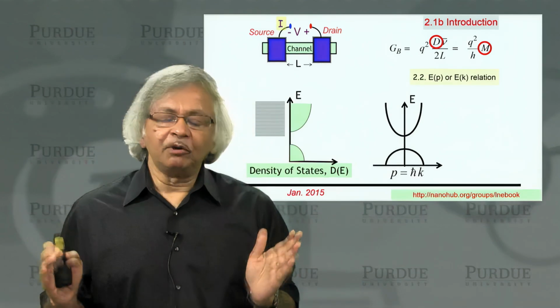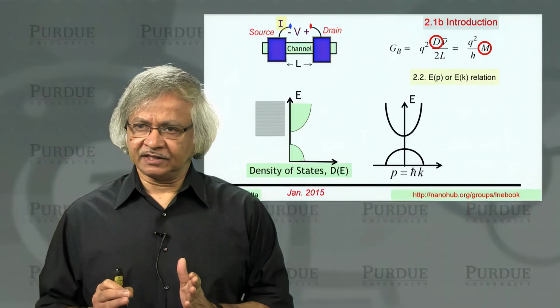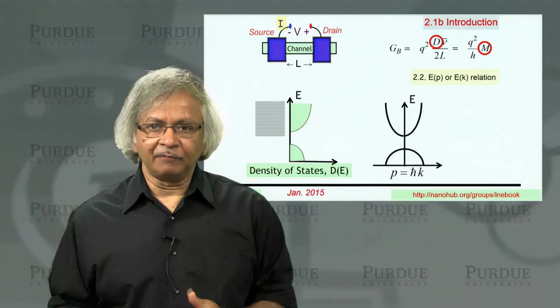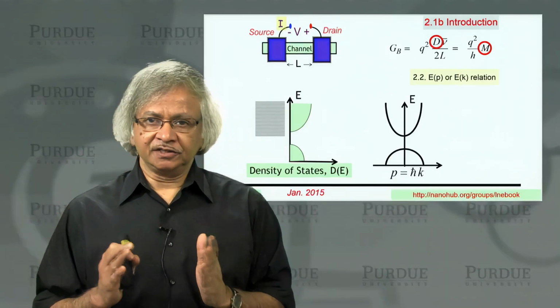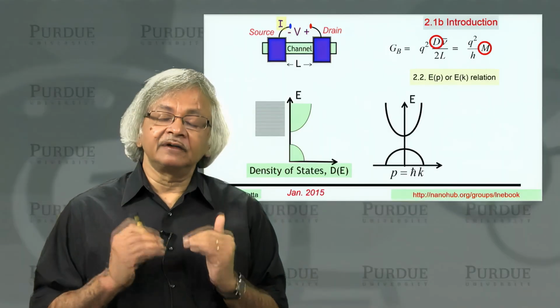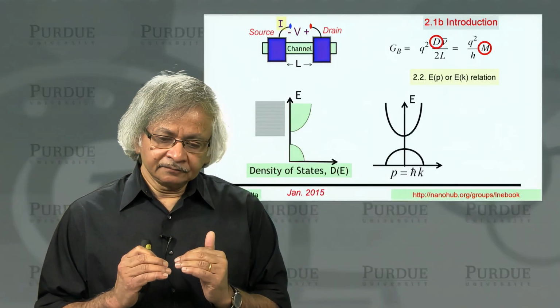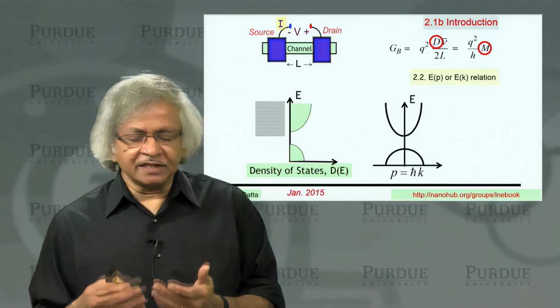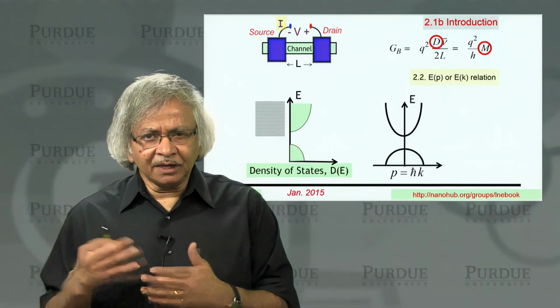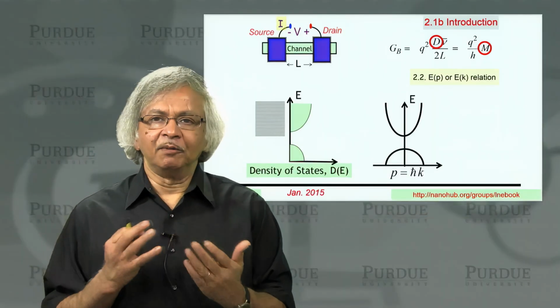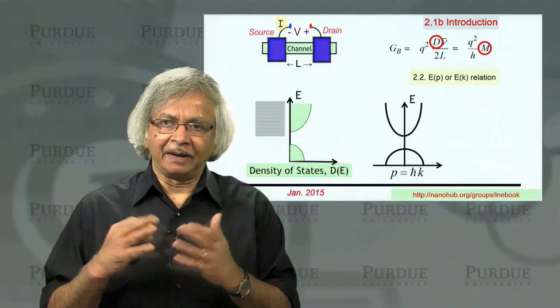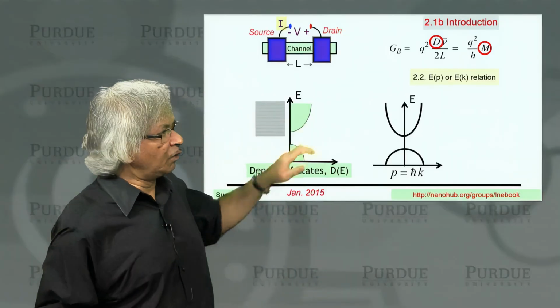But one of the very important insights in solid-state physics, an old insight from the 1930s, is that electrons in a solid behave almost as if they are in vacuum, but with a different energy-momentum relation or a different mass. And these things we'll talk more about.